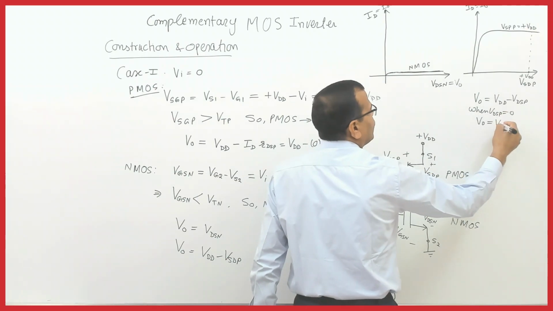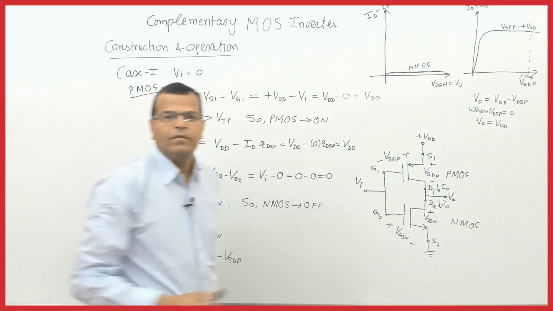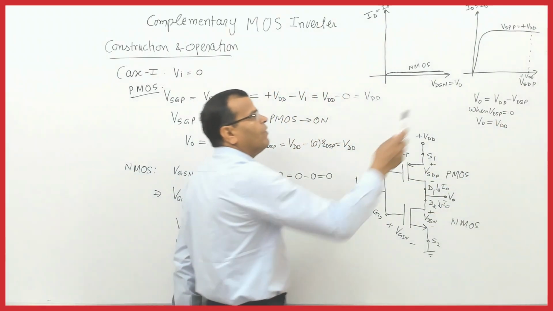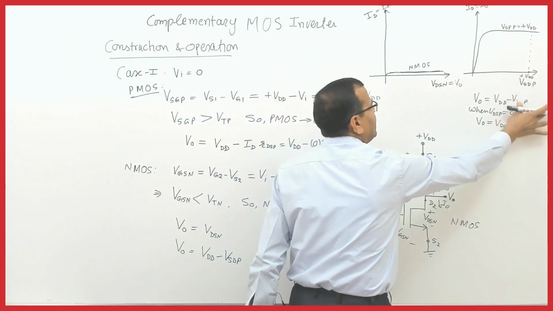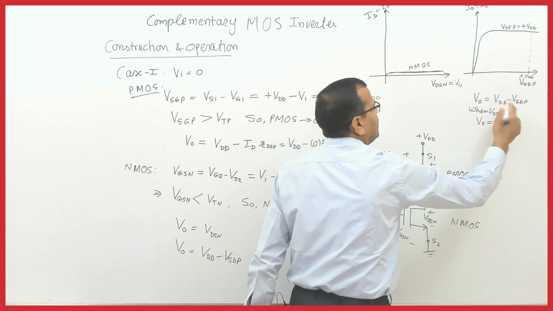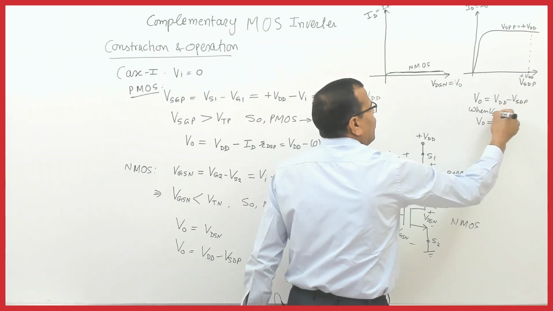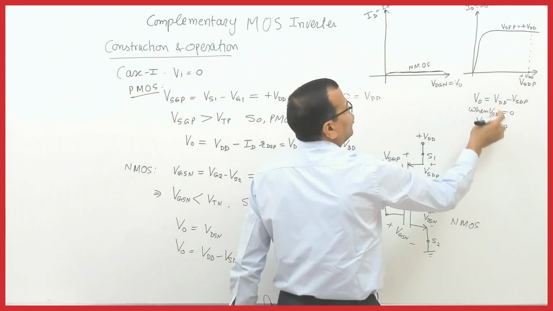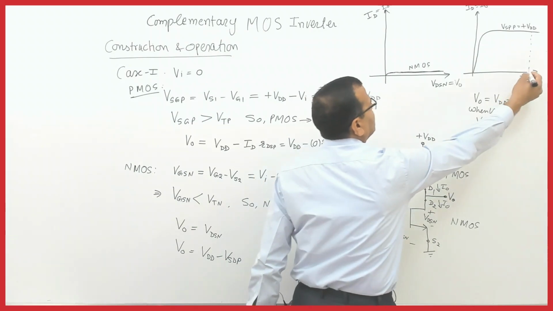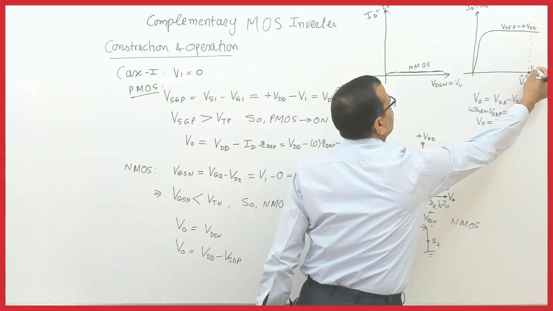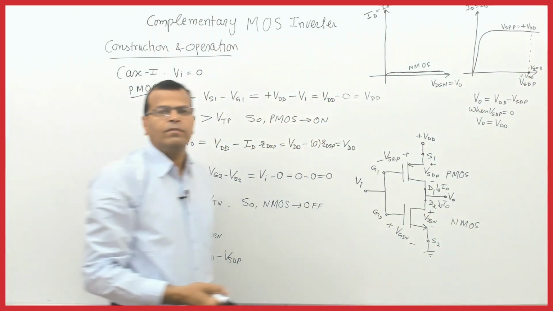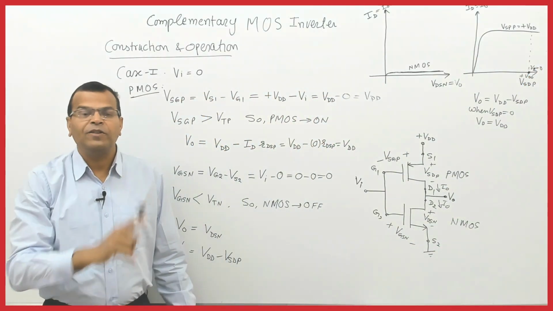V0 will be equal to VDD. I repeat, when VSDP is 0, then output V0 is VDD. It means this corresponds to V0 equal to 0. This point corresponds to V0 equal to 0 on output characteristic of PMOS.